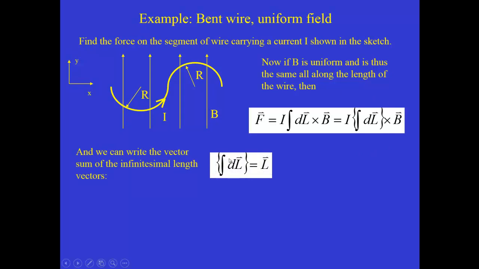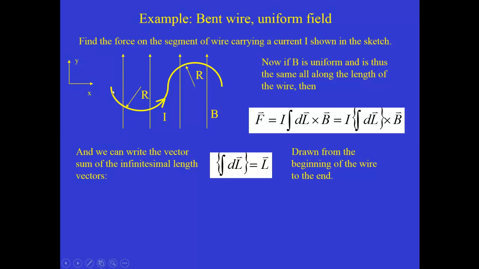So how does that work? Well, we integrate that vector dL all along the length of the wire. And remember, dL is just a tiny vector that points along the wire in the direction of the current. So this integral is really a vector sum. And we'll call the result L. Now that doesn't mean that it's a straight wire, but we're just going to call the result L. And how do we get it? We get it by drawing a vector from the beginning of the wire to the end of the wire, where the current ends up.